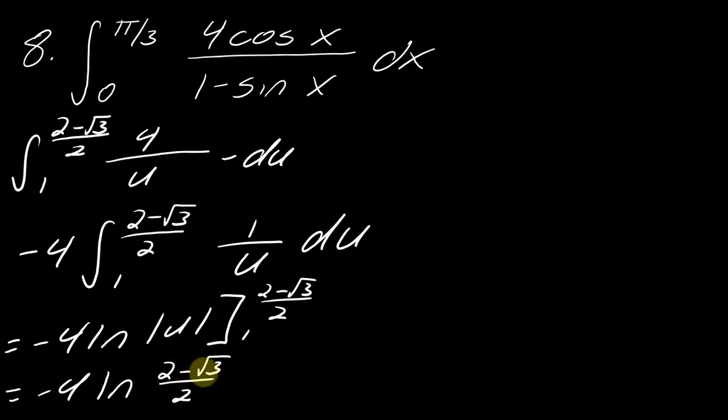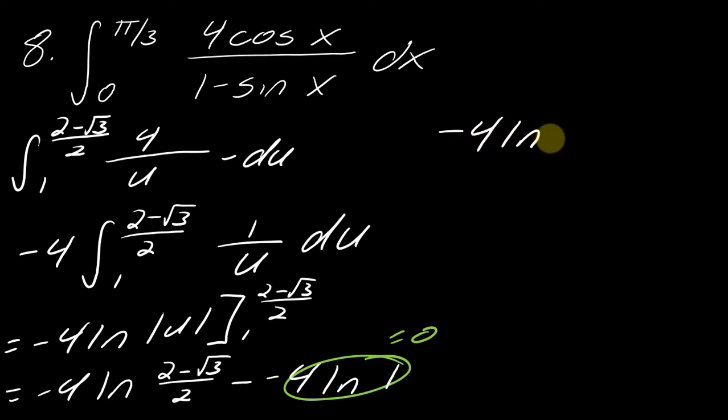Now notice I dropped the absolute value because I know that this is positive. So it's this minus -4 times the natural log of 1. Now the natural log of 1 just equals 0. So the final answer here will be -4 times the natural log of 2 minus the square root of 3 over 2. And I guess I can put parentheses around that if I want, but there's your solution.